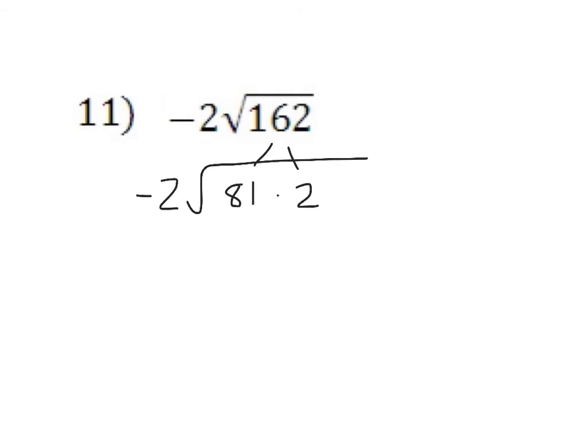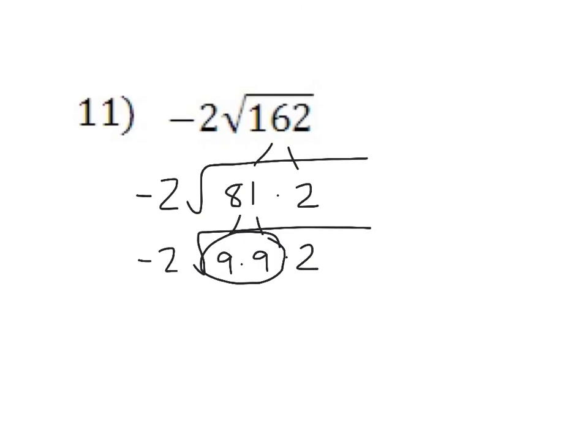So divide 2 into it and see the smaller number that it gives you, and then maybe you know what else goes into that. What can we break 81 into? 9 and 9. So that's instantly already a pair, so we can just take out the pair of 9's. So it would be 9 times negative 2, which is negative 18 square root of 2. Perfect. Negative 18 square root 2.